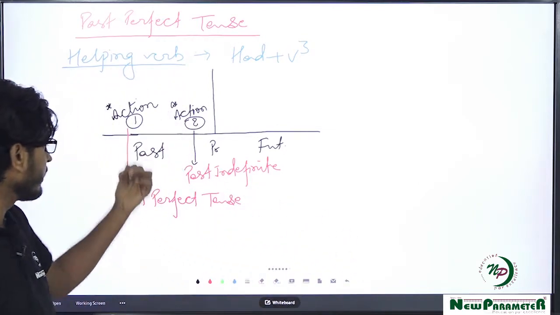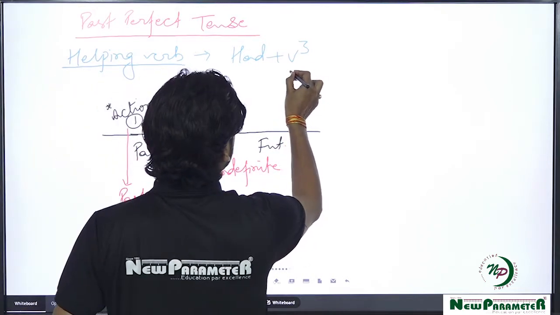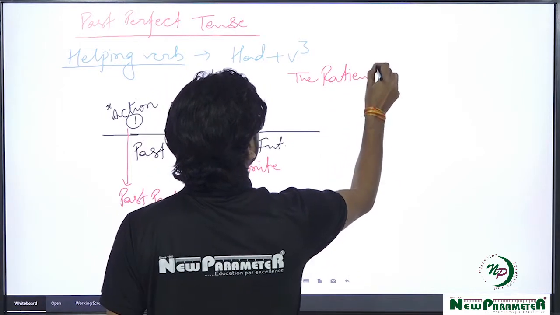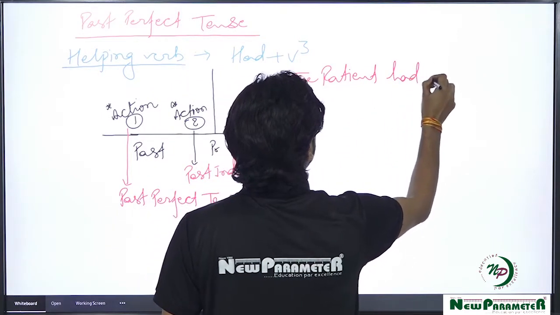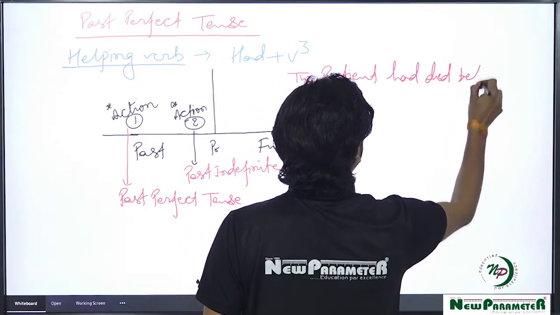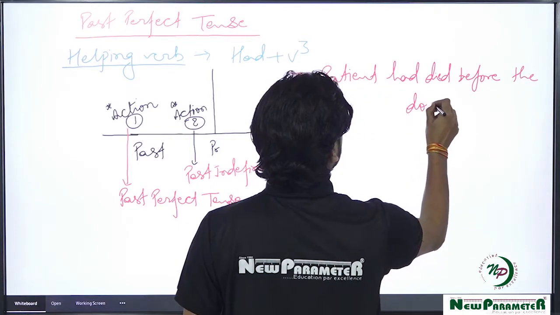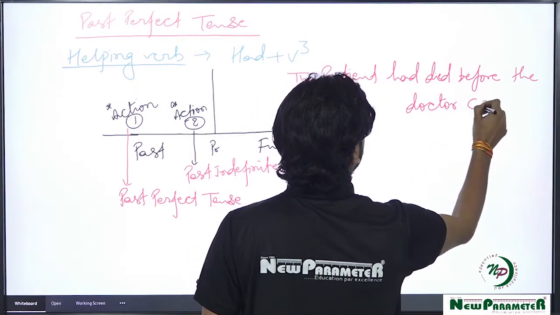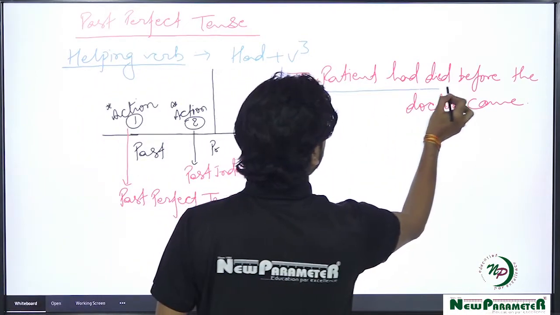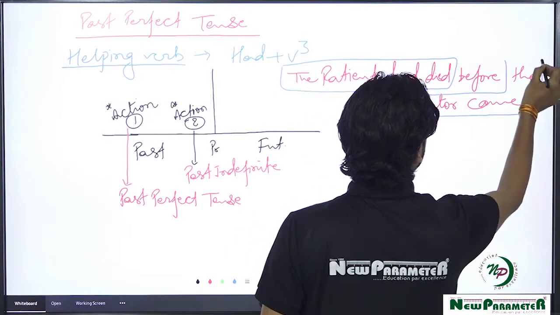The action 1 should be written in past perfect, means what? The patient had died before the doctor came. You see here, we have two actions. The patient had died and the doctor came.